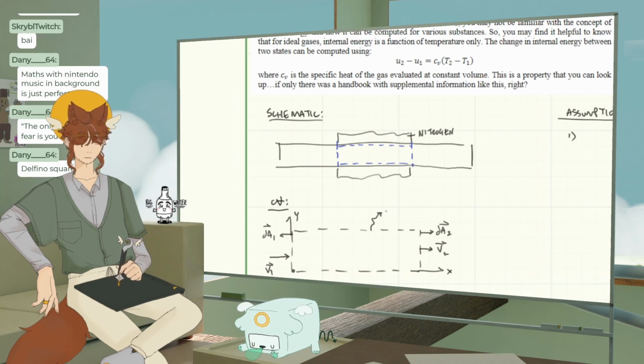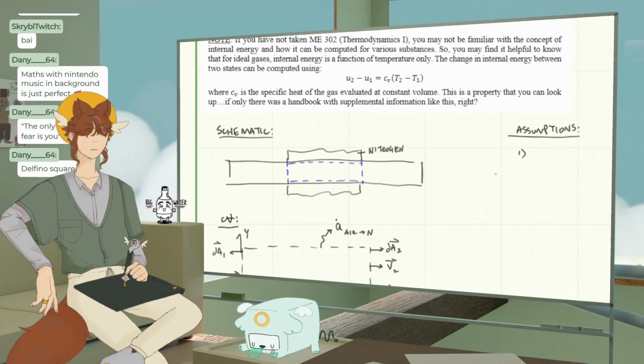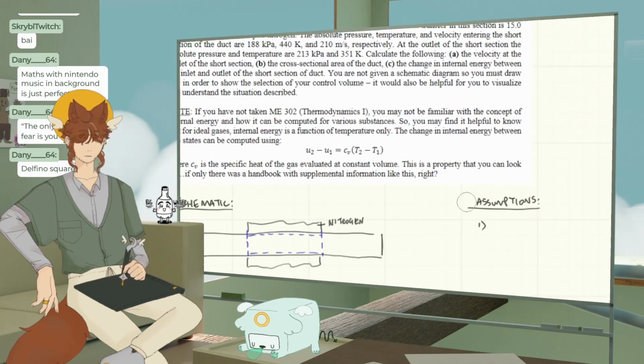We'll call that Q dot air to N. Let's see, what assumptions shall we make? Pressure is constant over control surfaces might be a good one. Also, velocity is constant over control surfaces. I could just say properties constant over. Let's try that.